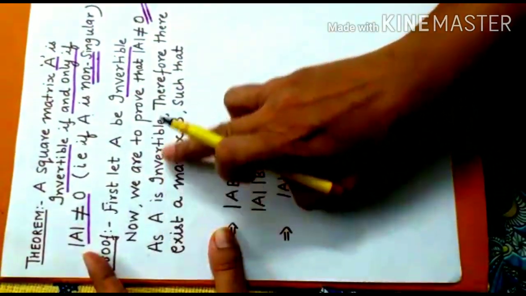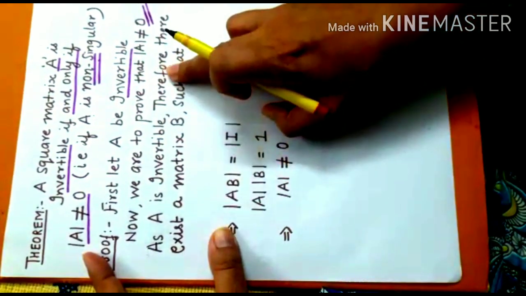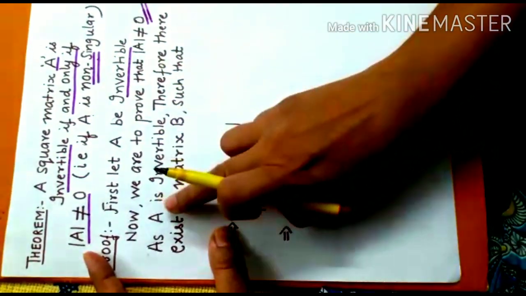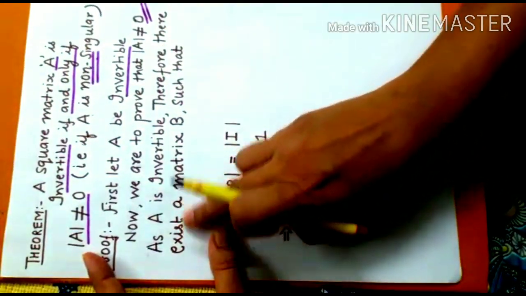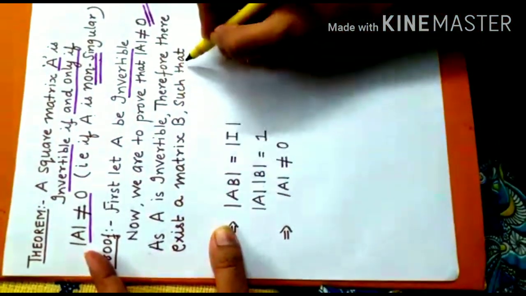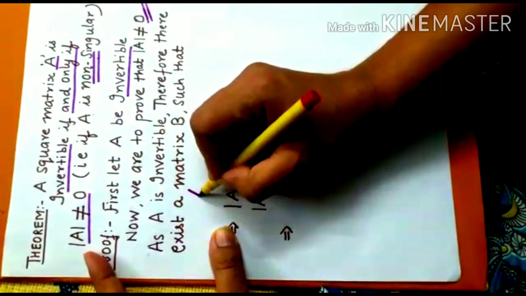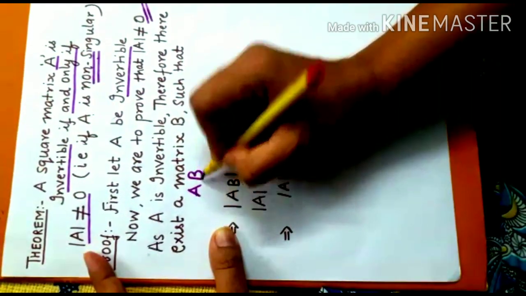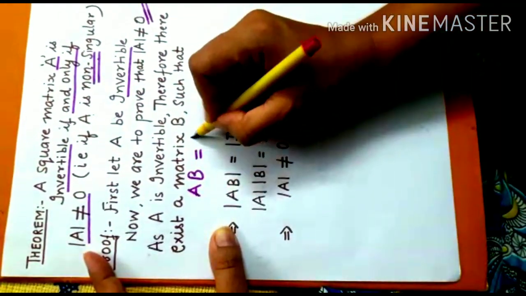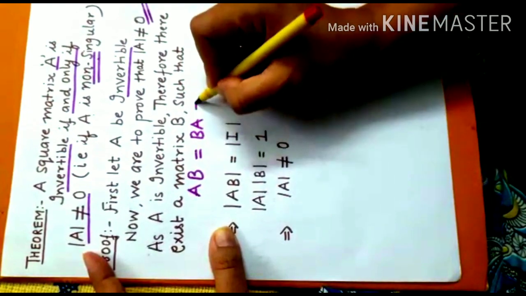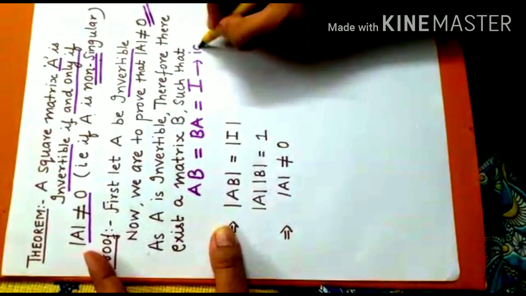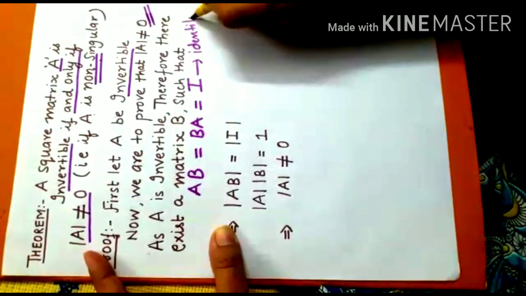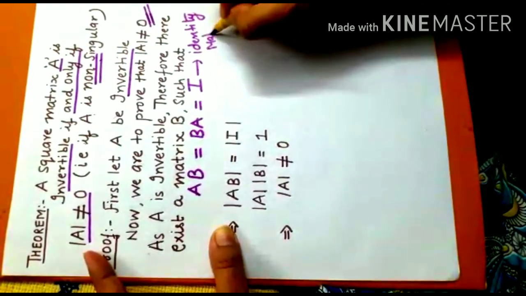Now, as A is invertible, therefore A inverse exists, and this implies there exists a matrix B such that when multiplied with the matrix A should give you the identity matrix. So here I is the identity matrix.